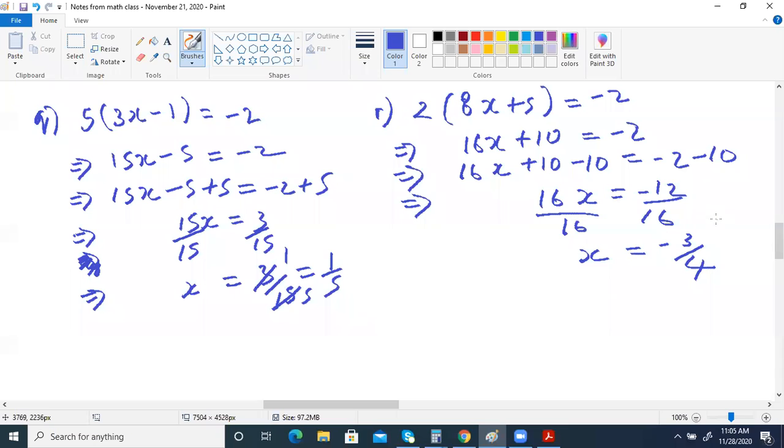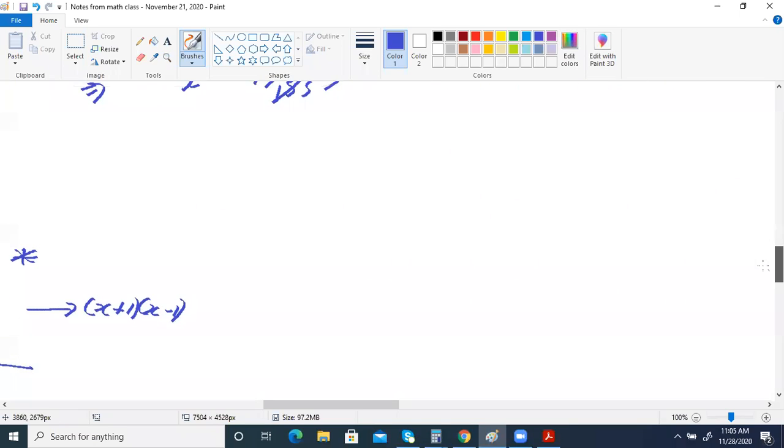R. So after R we have S. Oh, so I have a little piece over here. S is 6x minus 8.